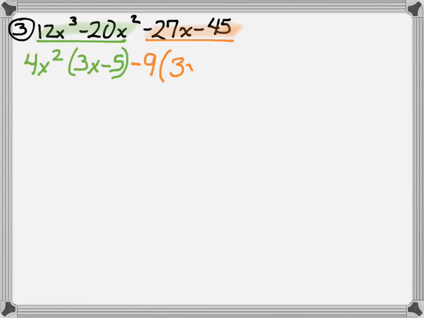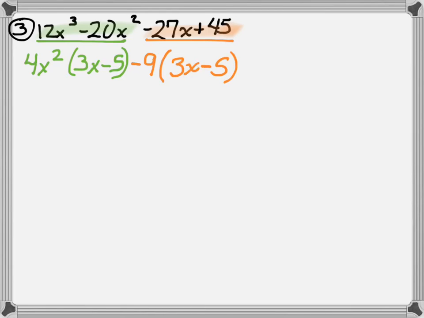I did not bring any x's out, so that x stays behind. Oops, I made a mistake in my sign at the original problem. That's supposed to be a plus. Positive 45 divided by negative 9 is a negative 5.